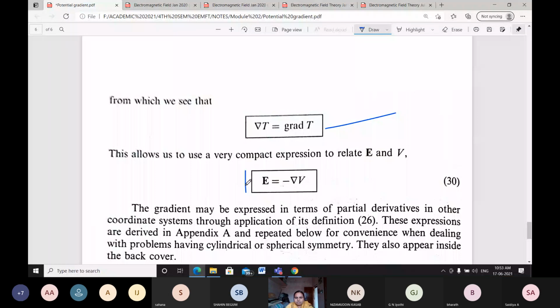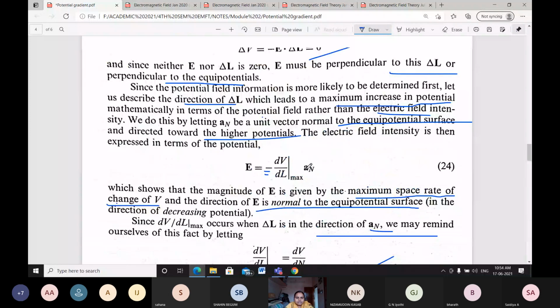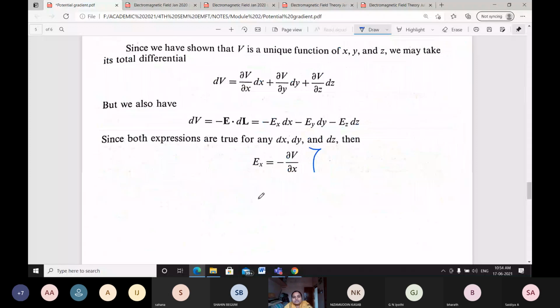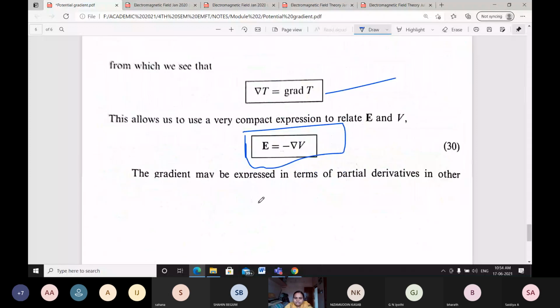Electric field intensity is minus del of V. In the beginning, we assumed the electric field intensity was related to V, but we did not know exactly how. For that reason, we found that it is the negative of the gradient of V.